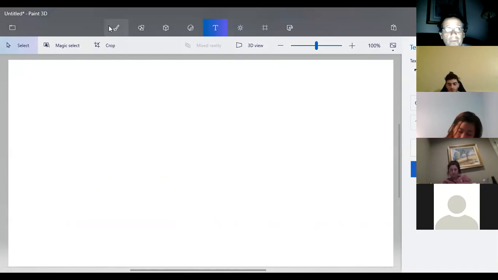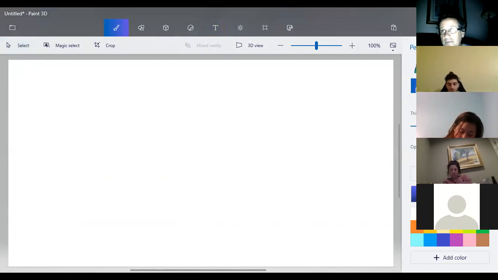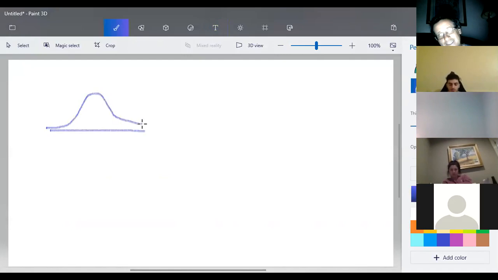So for example, it might look something like that. And that would be the graph of the continuous distribution function. Does that make sense?